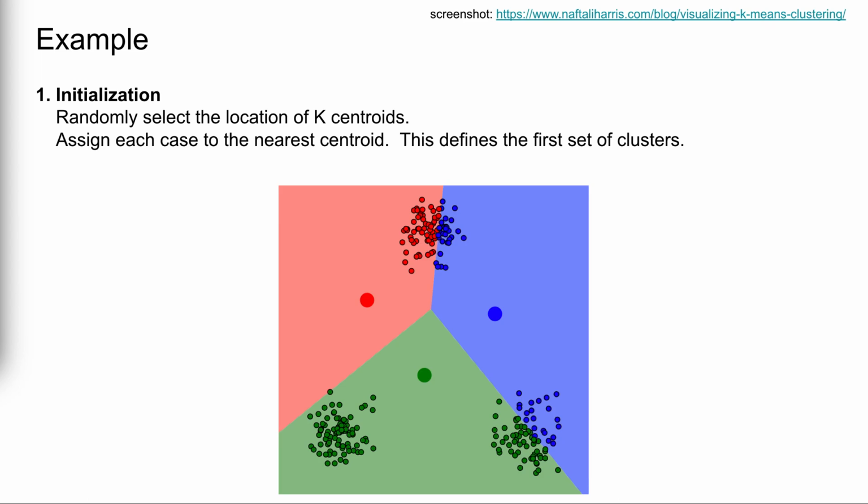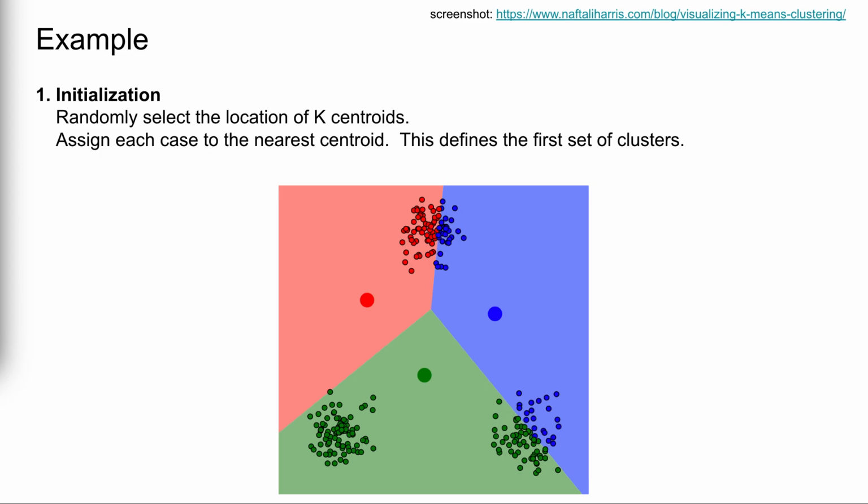For example, the dots in the blue region at right are nearest to the blue centroid. Thus, they're assigned to the blue cluster. The dots in the green region at the bottom are nearest to the green centroid, thus are assigned to the green cluster. This defines the first set of clusters, and they look quite goofy.